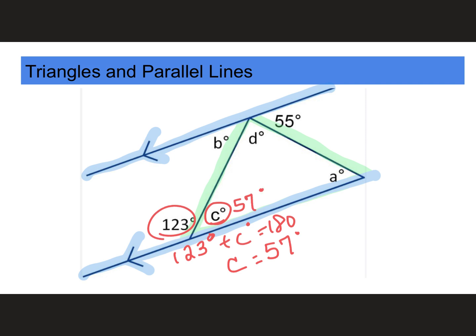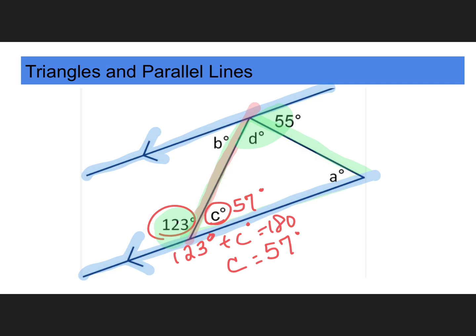I also know that this line right here acts as a transversal between my two parallel lines. So this angle right here and this angle right here are alternate interior angles, which means that they are the same.